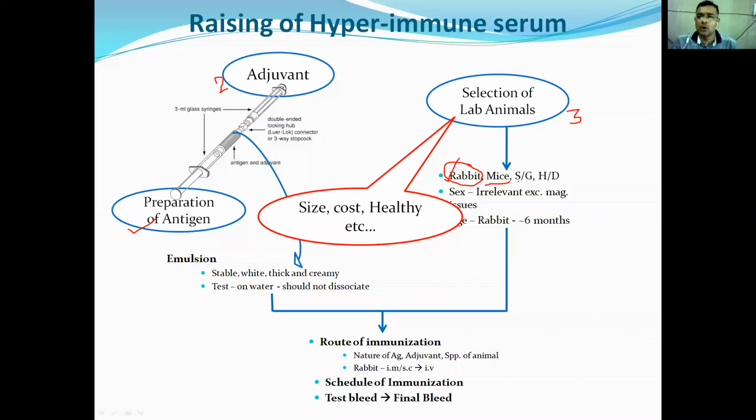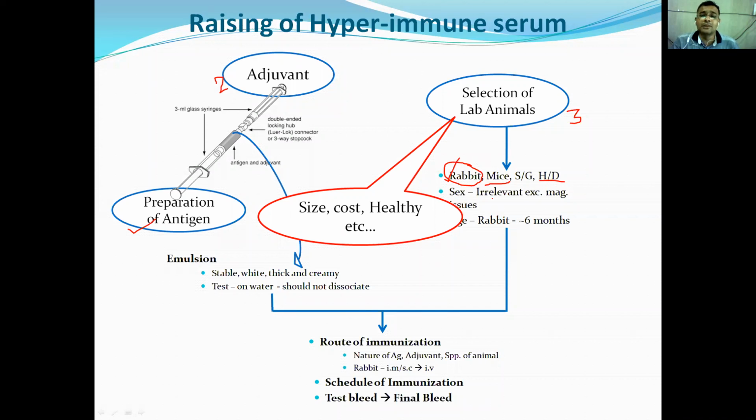Sheep, goat, horse, donkey and other species can be used, and horse immune serums are generally used in humans as antitoxin antibody against toxoids, or in other cases like anti-rabies antibody production. But in general, rabbit is used.